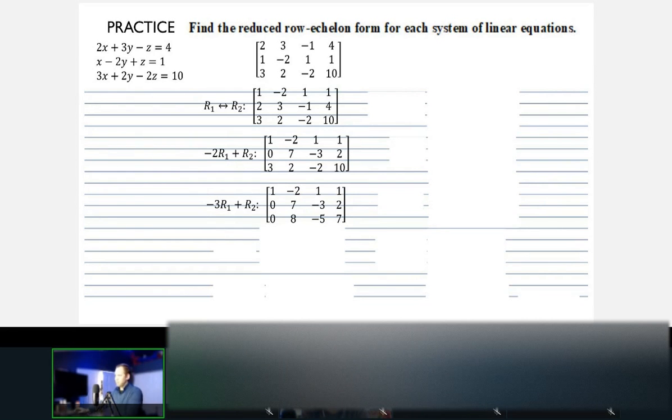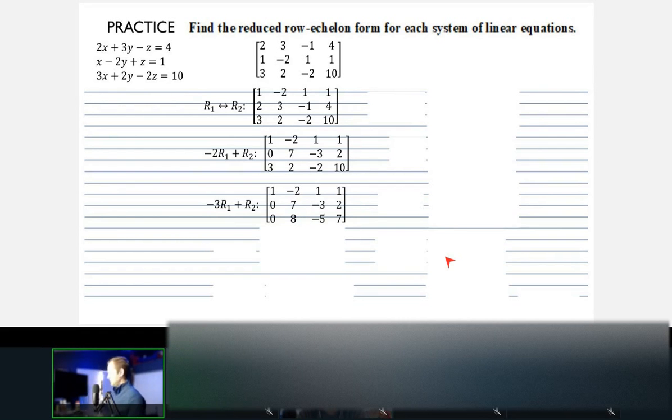Yeah, so we want to make a sub 2 2 a 1. How do we do that? So row 2, column 2, we want to make this element a 1. How do we make that 7 into a 1?